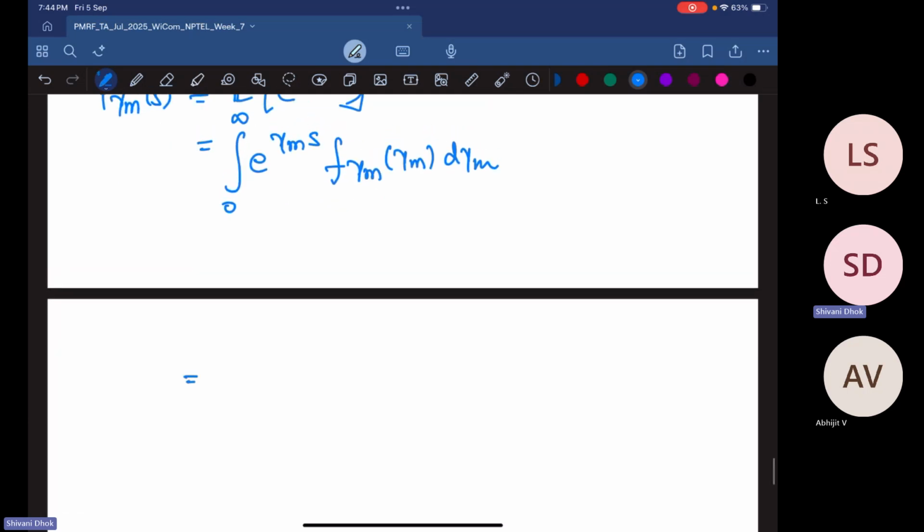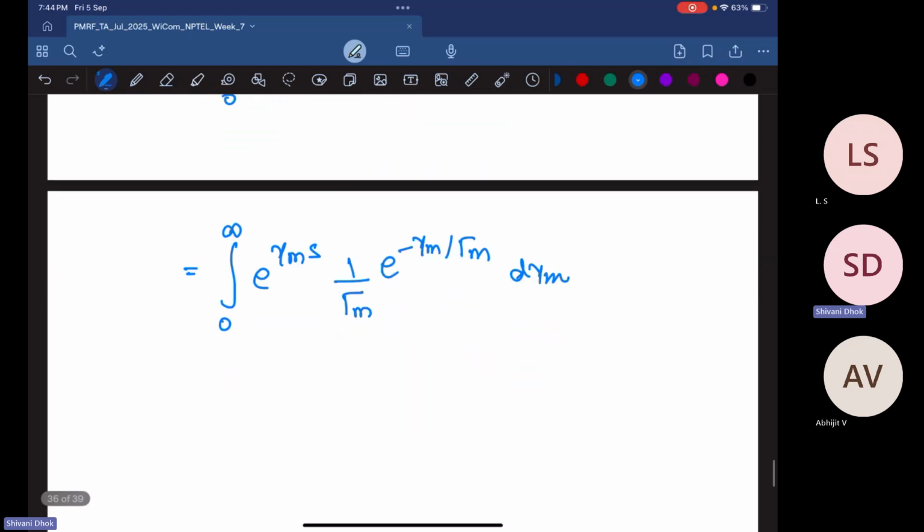This thing is equal to the integral 0 to infinity e power gamma m S, and the PDF of this is 1 over capital gamma m into e power minus little gamma m by capital gamma m, d gamma m. This 1 over gamma m, I can take outside. Then I have the integral 0 to infinity e power minus gamma m, which I can take common, and I am left with 1 over gamma m minus s, d gamma m.